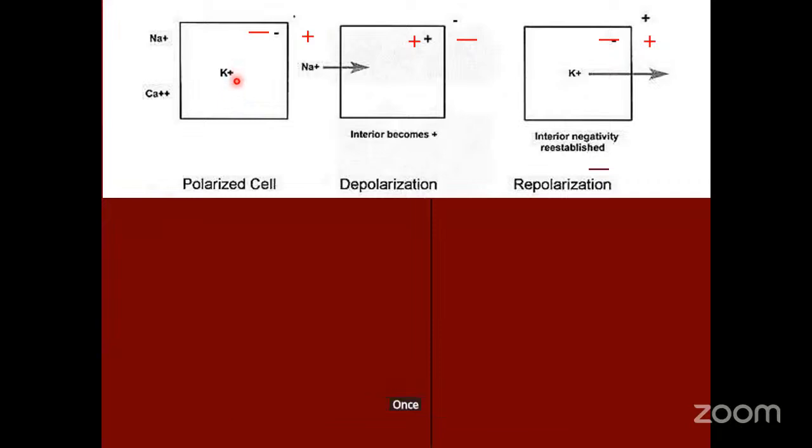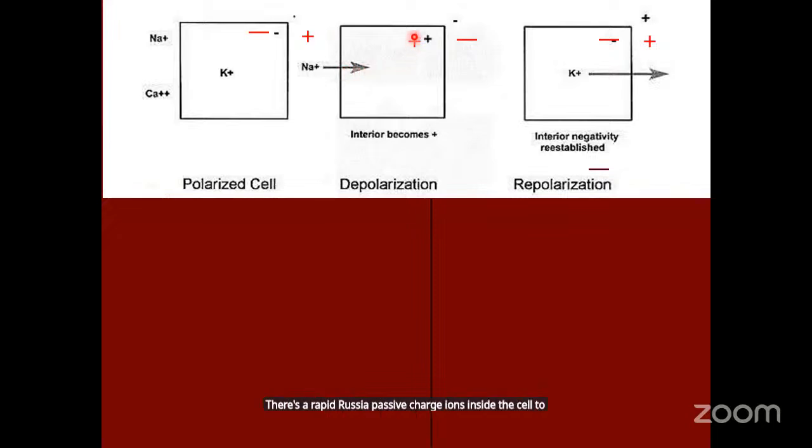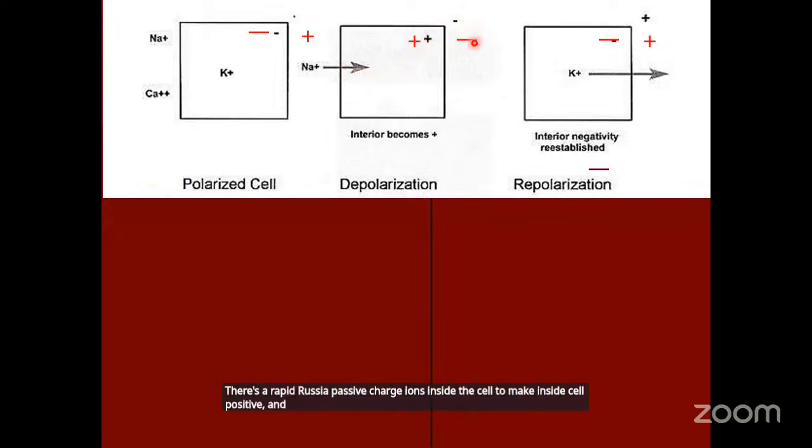Once the current comes and stimulates a cardiac muscle cell, it is going to change the permeability of the cell membrane, and it is going to open the channels for certain ions, especially positively charged ions. So now, because the cell is permeable and the channels are open, there's a rapid rush of positively charged ions inside the cell to make the inside positive and the outside negative, which is called depolarization.